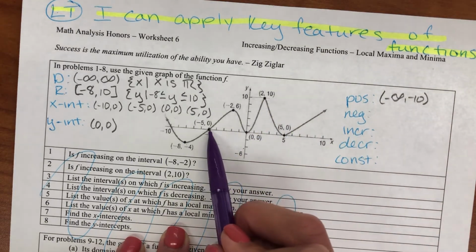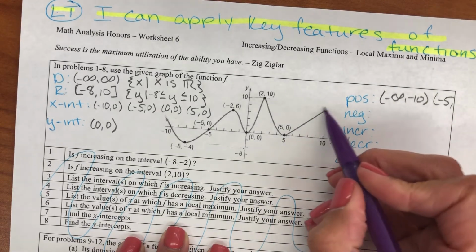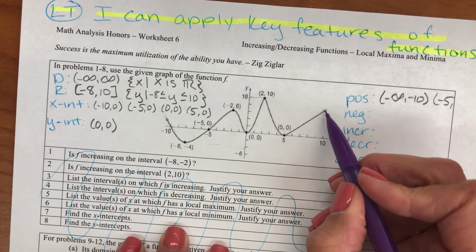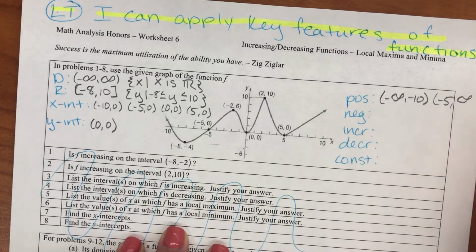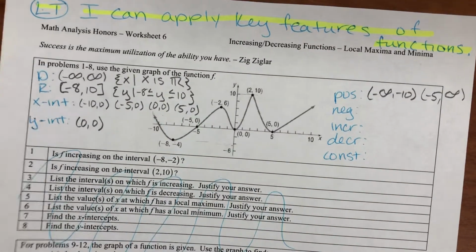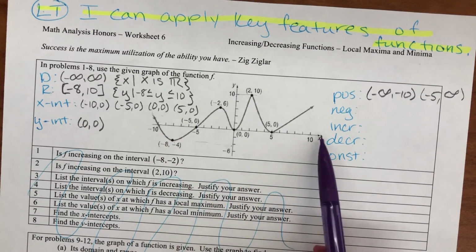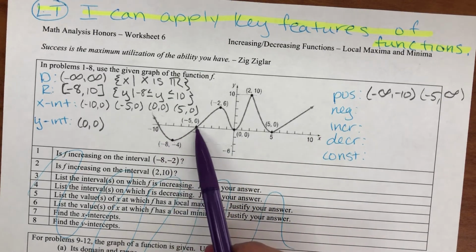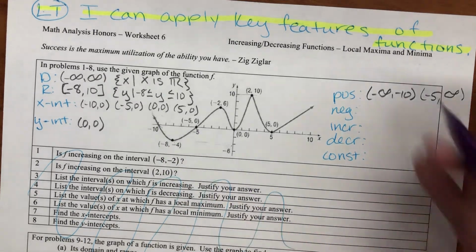It starts at -5 and then ends at positive infinity. Now negative would be anything below the x-axis. Here's the x-axis, and this is below right here, this piece, from -10 to -5.